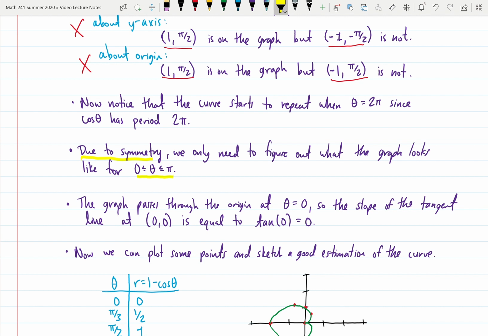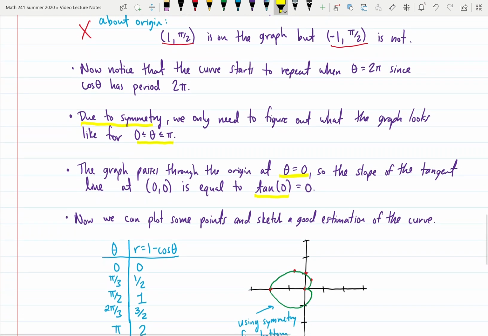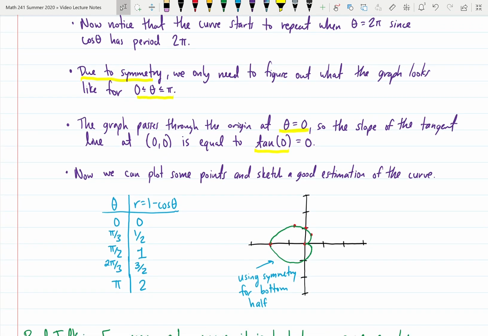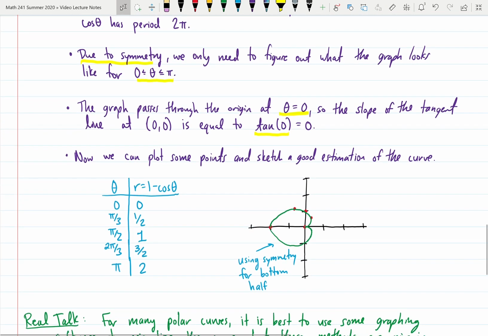So in this case, theta is equal to 0, meaning that the slope of the tangent line at 0, 0 has to be equal to the tangent of 0, which is equal to 0. So the slope of the tangent line at the origin when we start sketching our curve is going to be 0.